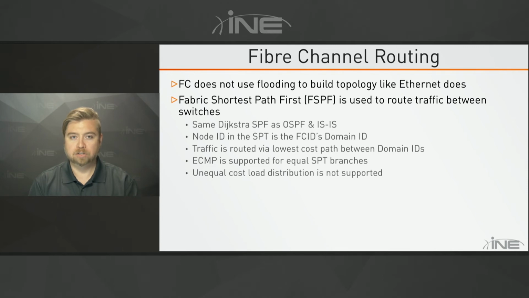There's another convergence delay when I flood the changes and tell everybody else that there was a change in the topology. There's a convergence delay while I'm calculating the new topology, actually running SPF on the CPU, and then another while I'm installing the updates into hardware. Those four pieces of convergence, just like in the IP world, exist in Fibre Channel, and the issue is that while I'm in the middle of convergence, traffic is being dropped.